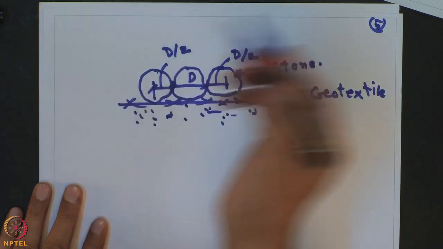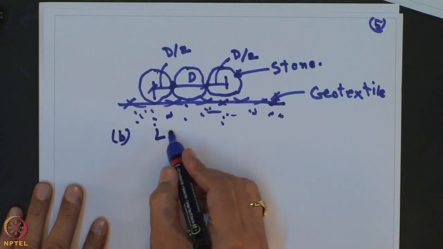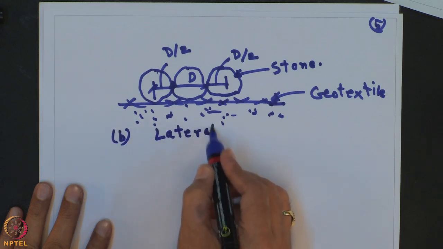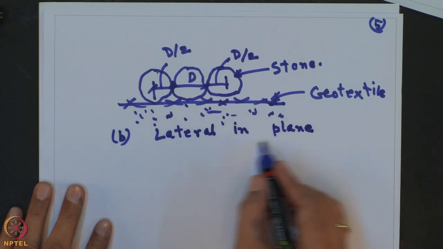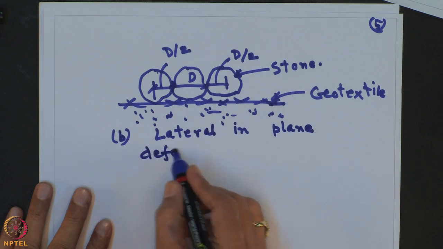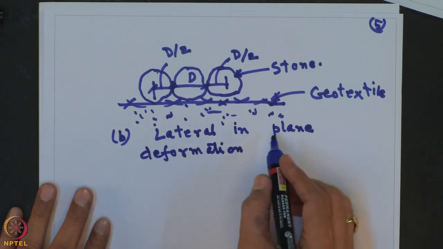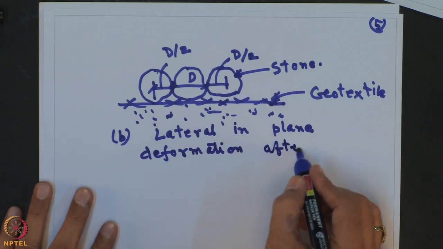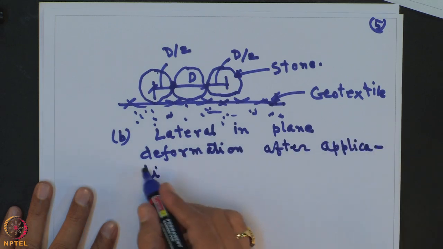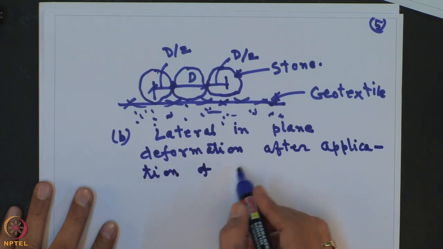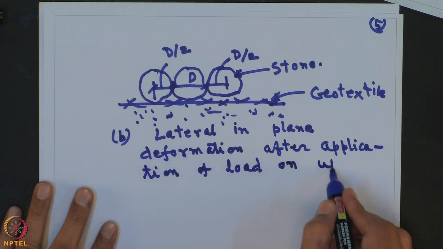So, when the load is applied in the initial stage, there will be a lateral in-plane deformation after application of load on the upper stone.